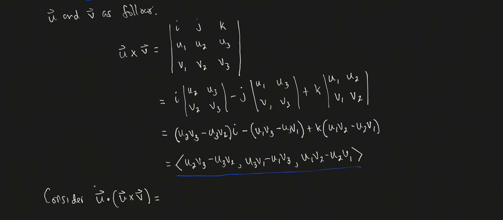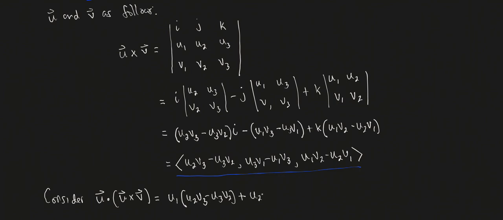So I have to take U1 and multiply the first component in our cross product. So it's U1 times this quantity, U2 V3 minus U3 V2. And then plus, take the second component of U and multiply the second component of the cross product.